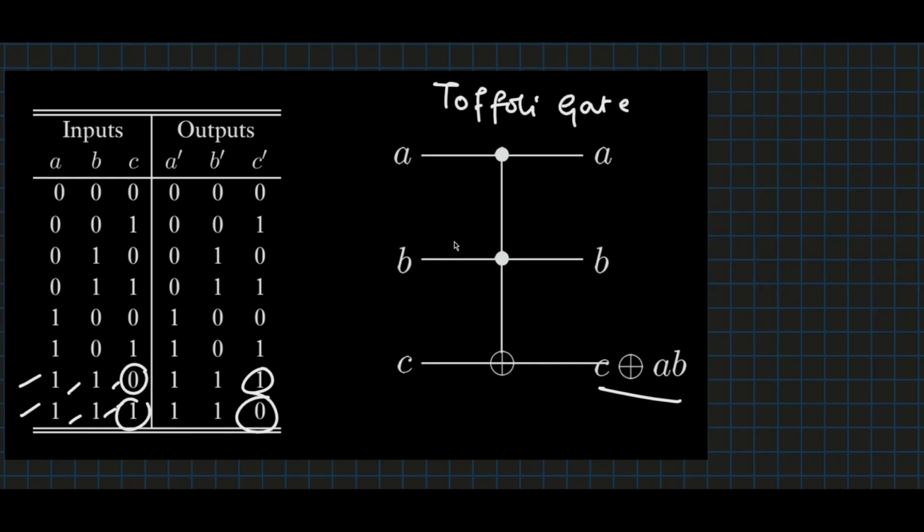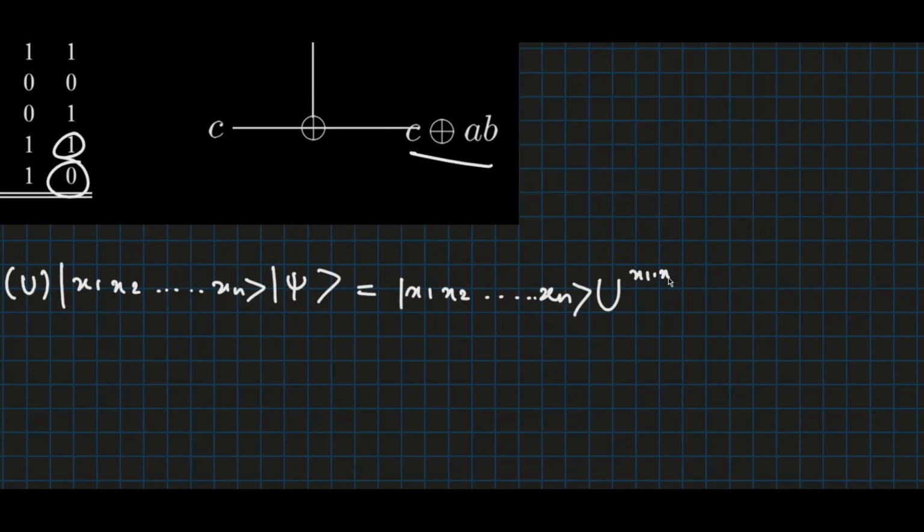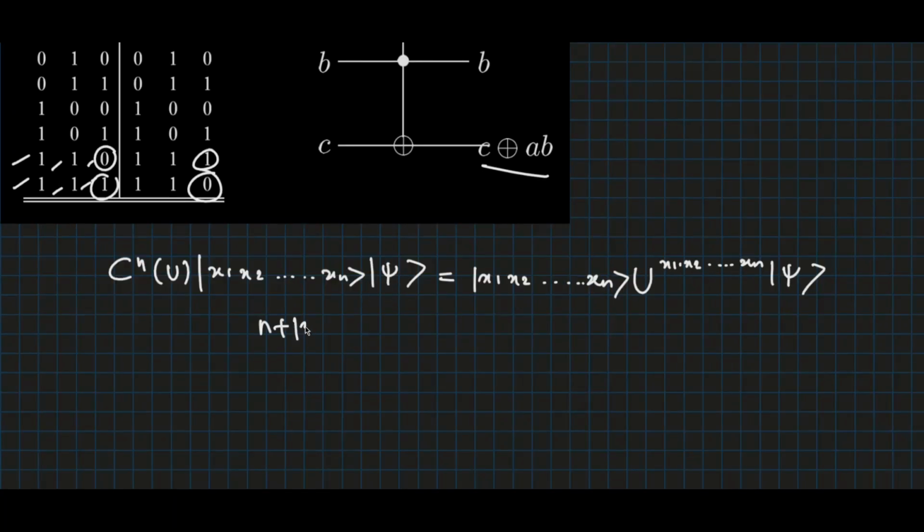Now we can generalize the multiple qubit conditioning given by the expression C^n U operating on |x1 x2 ... xn>|psi>, which is equal to |x1 x2 ... xn> U^(x1 x2 ... xn)|psi>, where we have n plus k qubits input with n control bits and k target bits, and U is a k qubit unitary operator and C^n U represents the controlled operation.